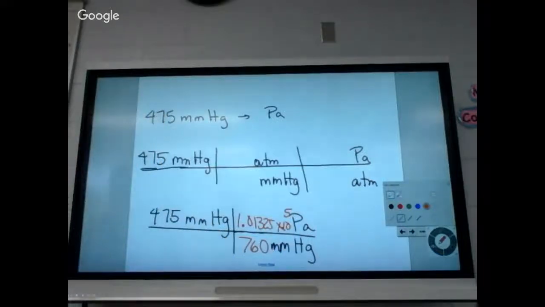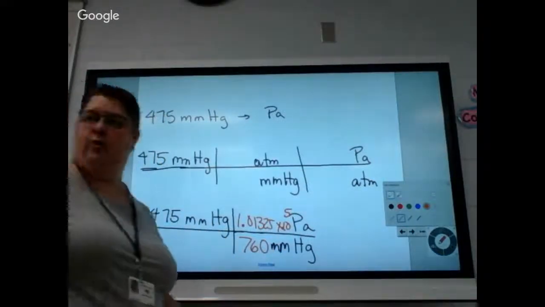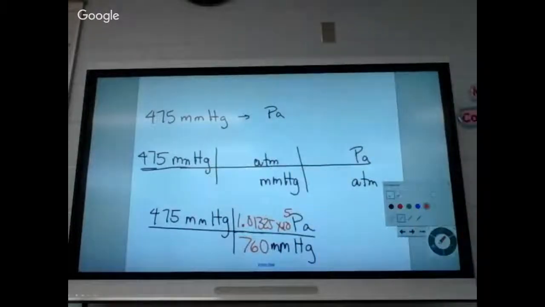And now I just need to put that in my calculator. I picked that one because I wanted to make sure everybody could still do their exponents. So, 475 times 1.01325. How do I put that exponent in again?